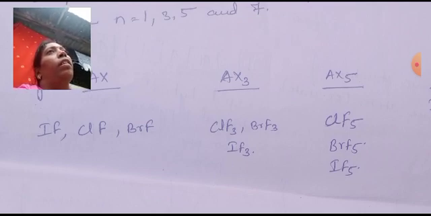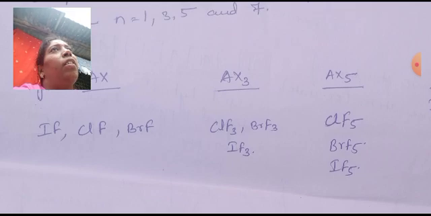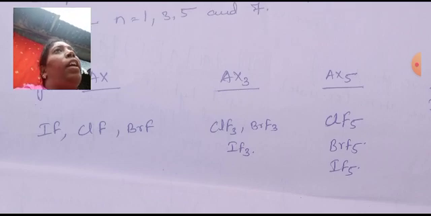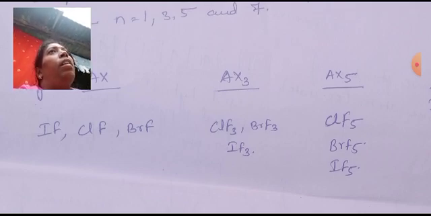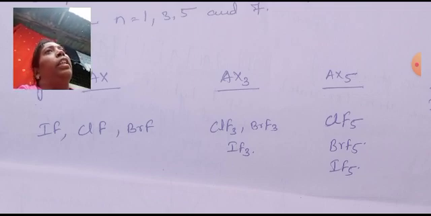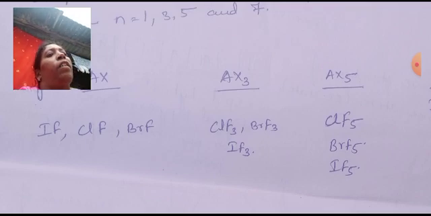It is a T-shaped structure. It is sp3d hybridization, and its shape is simple trigonal bipyramidal. So two paired electrons will be present upside and down. Microwave studies show that it is a planar T-shaped structure.